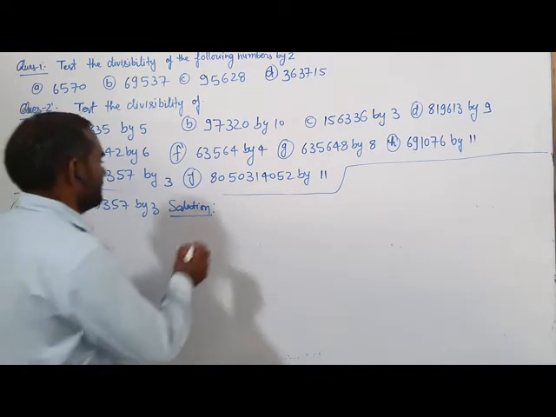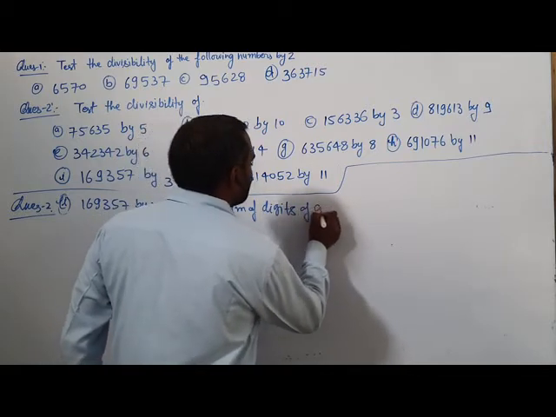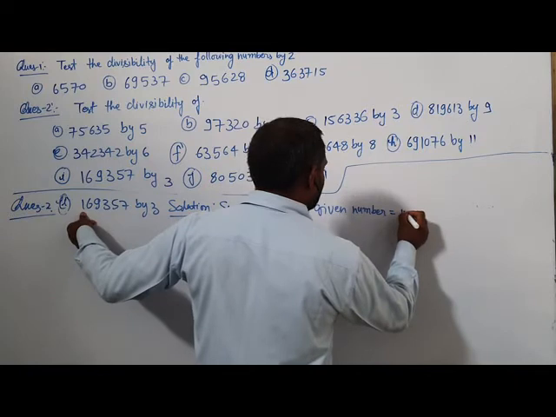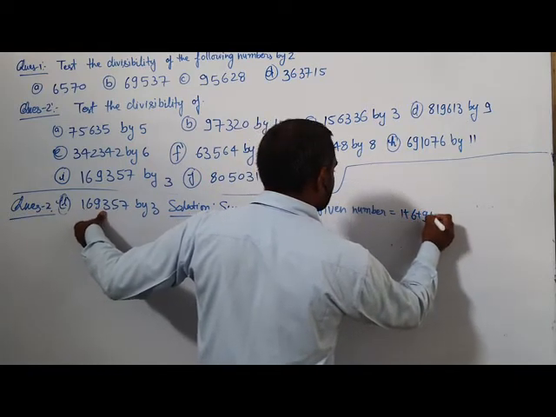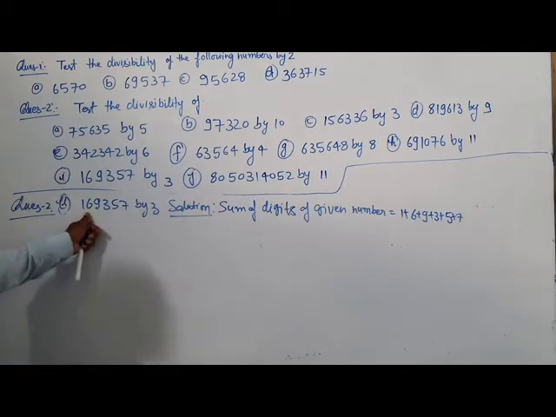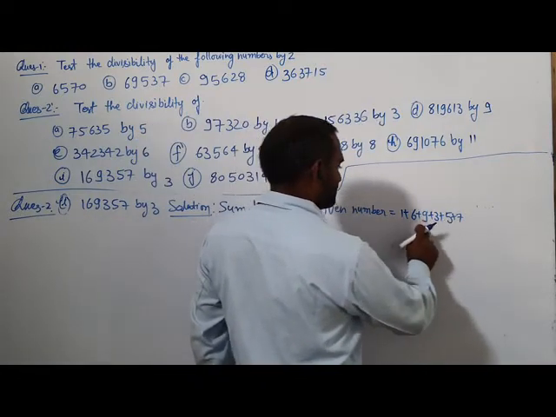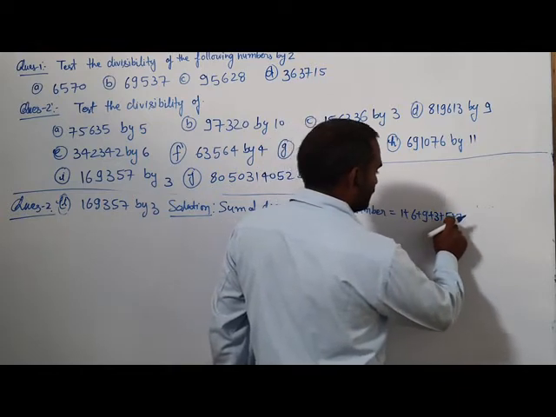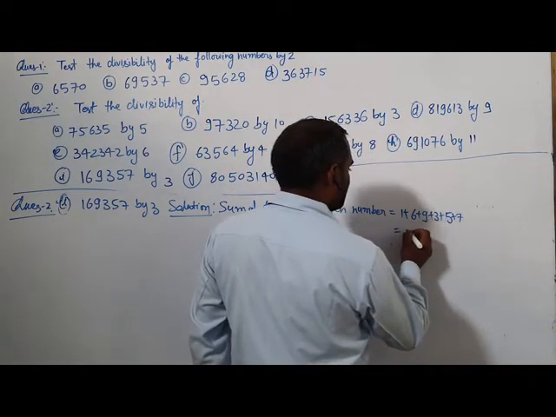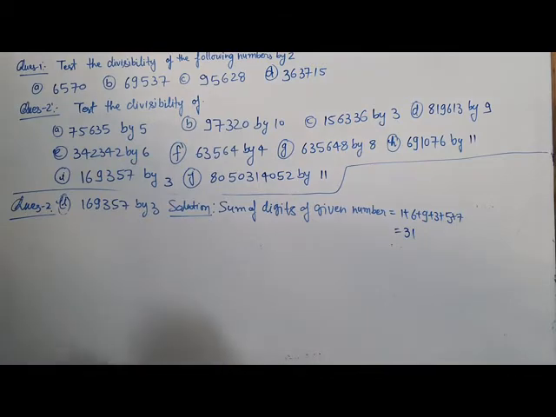Sum of digits of the given number is 1 plus 6 plus 9 plus 3 plus 5 plus 7. 1 plus 6 is 7, 7 plus 9 is 16, 16 plus 3 is 19, 19 plus 5 is 24, 24 plus 7 is 31.